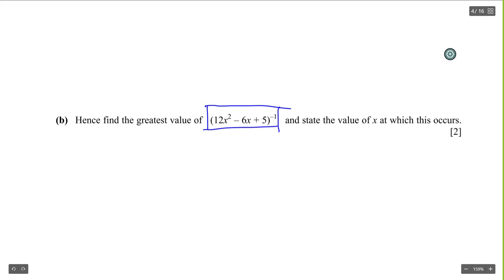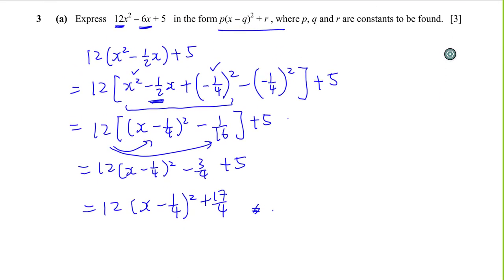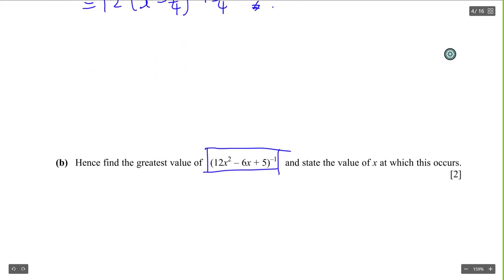But I will slightly explain about what happened here. So first thing is, just now you have an equation, right? So let's call this equation y or f(x), it doesn't matter. You have y equals (12x squared minus 6x plus 5) to the power of negative 1. No, this is the previous one.